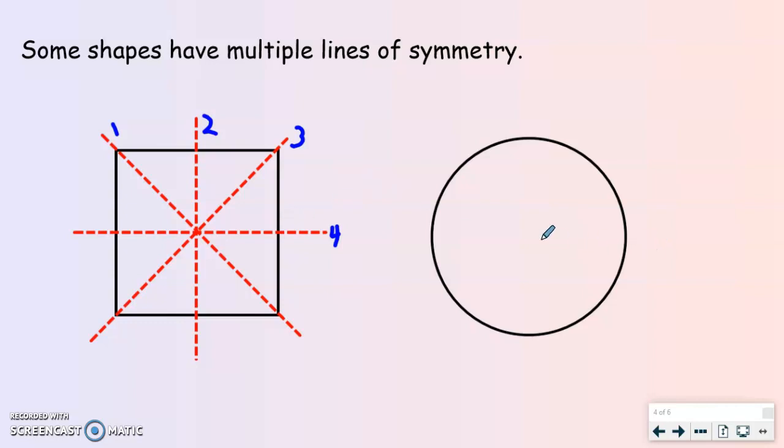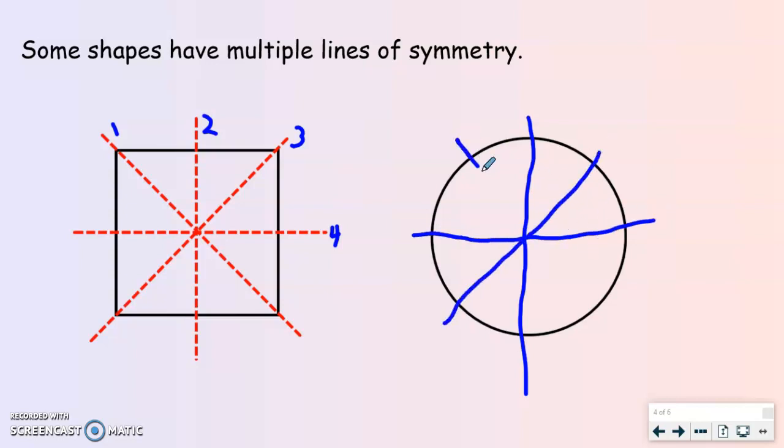And a circle is very special. You notice I didn't draw any lines on the circle because a circle has literally hundreds of lines of symmetry. I could fold a circle on this line, if it was straight, and these two sides would be equal. I could fold it on this line, and this line, and this line.